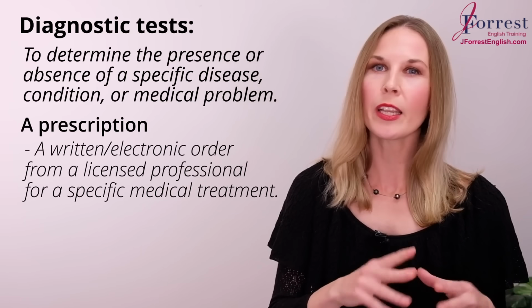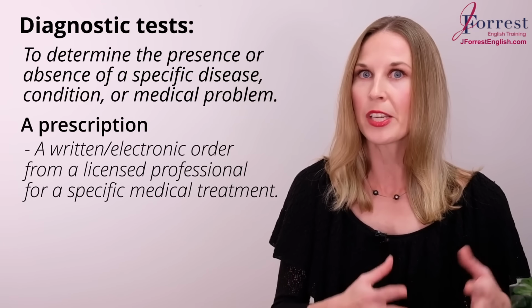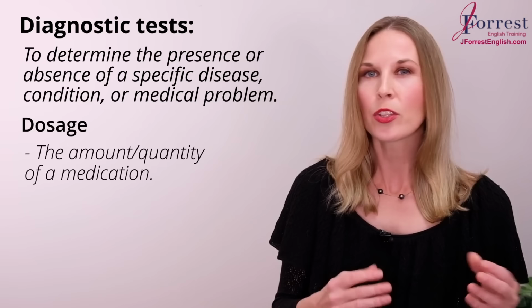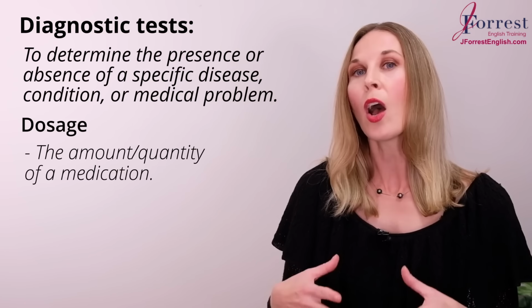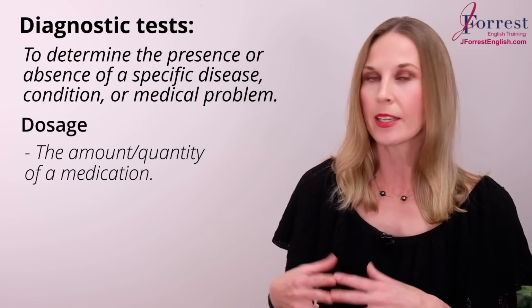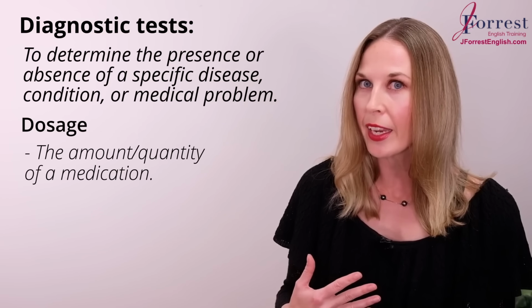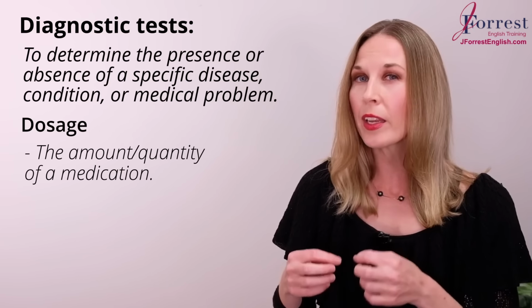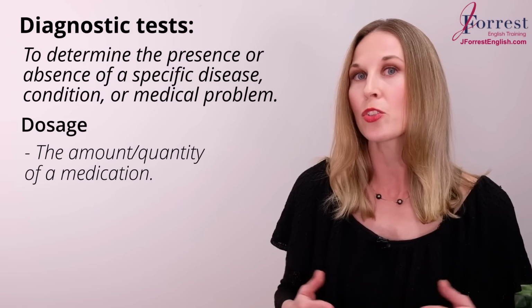On the prescription, it will tell you what the dosage is, and this is information the pharmacist needs. The dosage is the amount or quantity of the medical treatment, like a specific drug. So how much of that drug are you getting, and what is the quantity of the active drug in each pill that you get? That's the dosage.